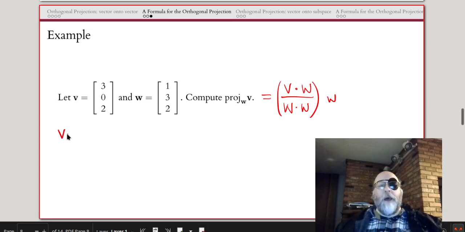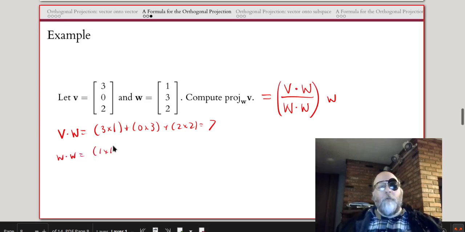So let's try this out. V dot w is 3 times 1 plus 0 times 3 plus 2 times 2, and that's 7. And w dot w is 1 times 1 plus 3 times 3 plus 2 times 2, and that is 14.